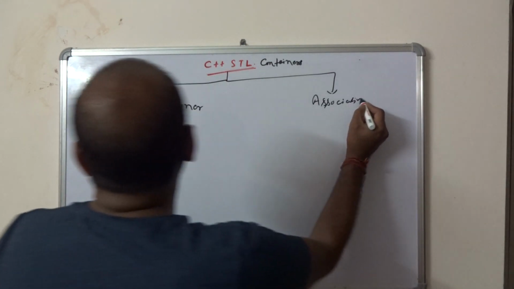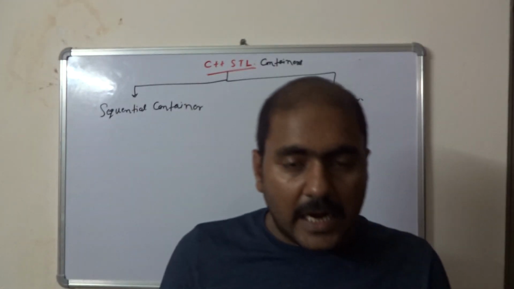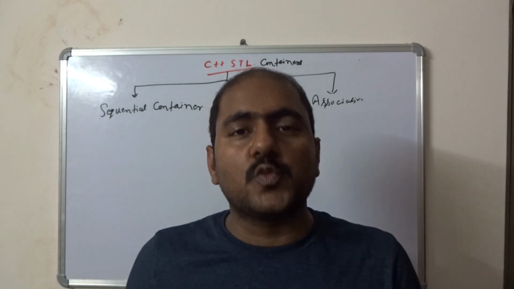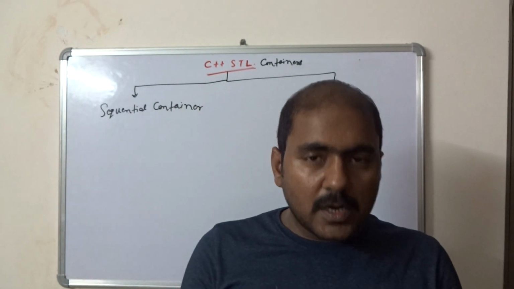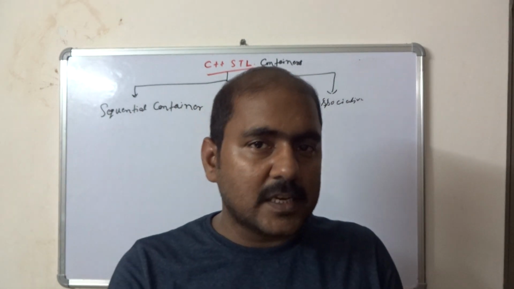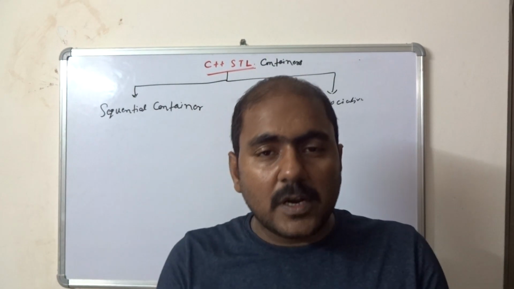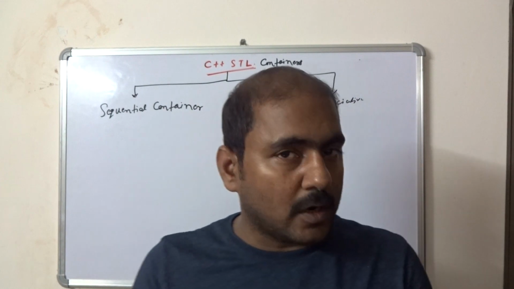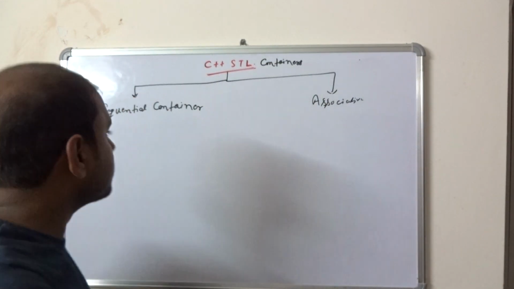Sequential container means the data stored in the container is placed in sequence. Sequence means the order in which you insert the elements into the container is the same order in which it will store them. So the container is not going to change the order of your data. That is the sequential container.